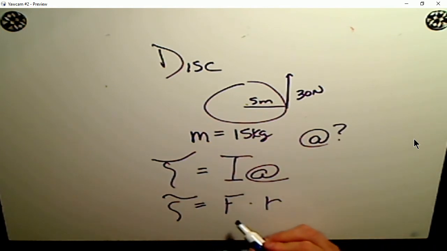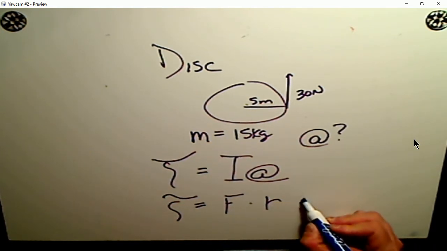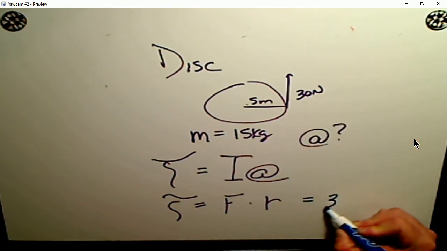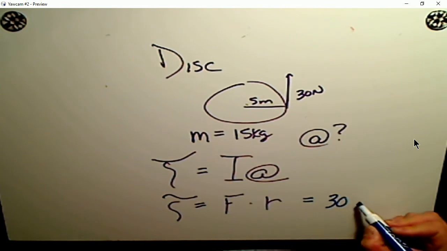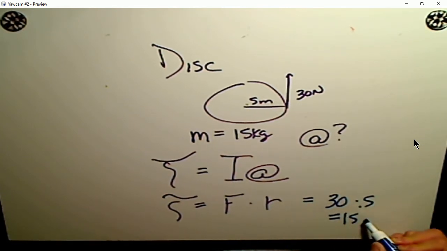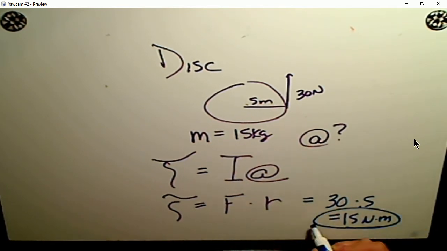Force times the radial arm in this case is 30 times 0.5, 15 Newton meters. So that's the torque. So I got that answer.